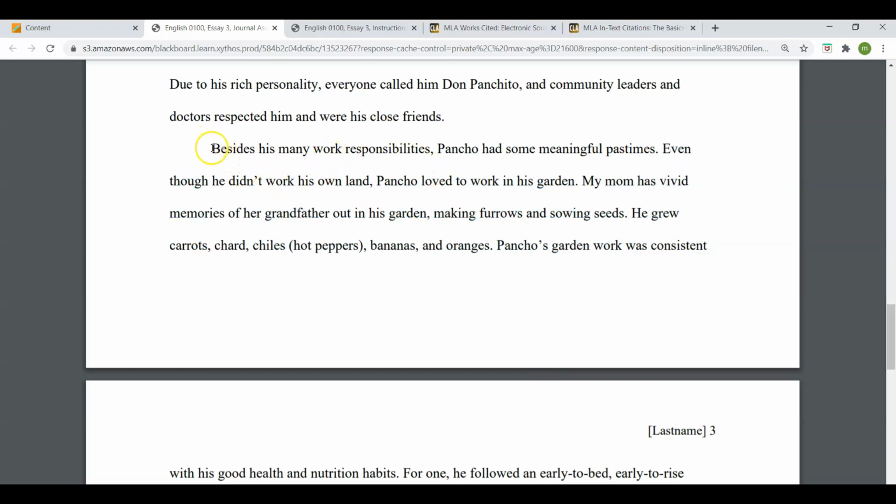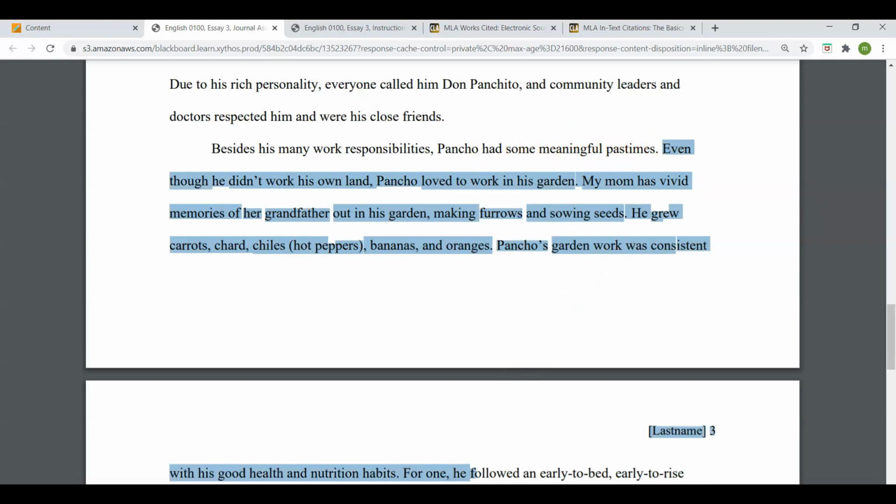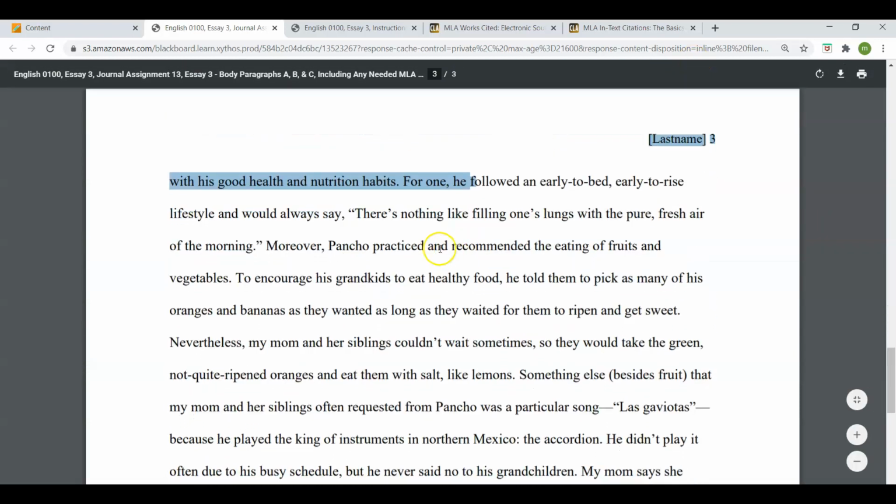Okay, so here's my topic sentence. Besides his many work responsibilities, Pancho had some meaningful pastimes, right? So I'm saying that earlier I said that he worked a lot, right? He did some work, but he also had some pastimes or hobbies, right? And so there's my topic sentence. Here are the blah, blah, blahs, right?